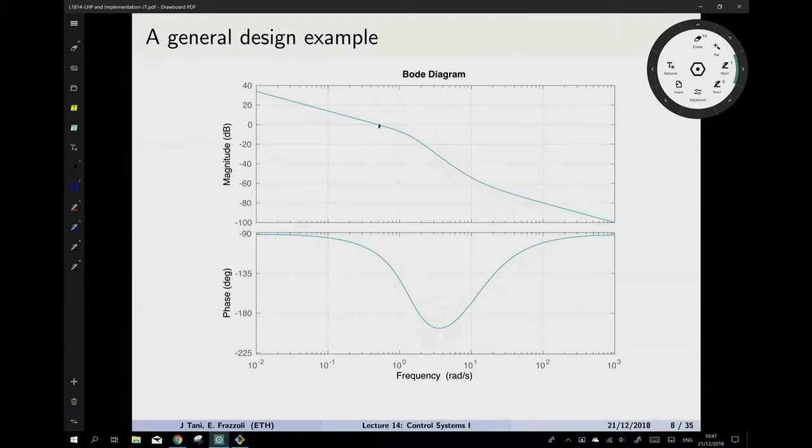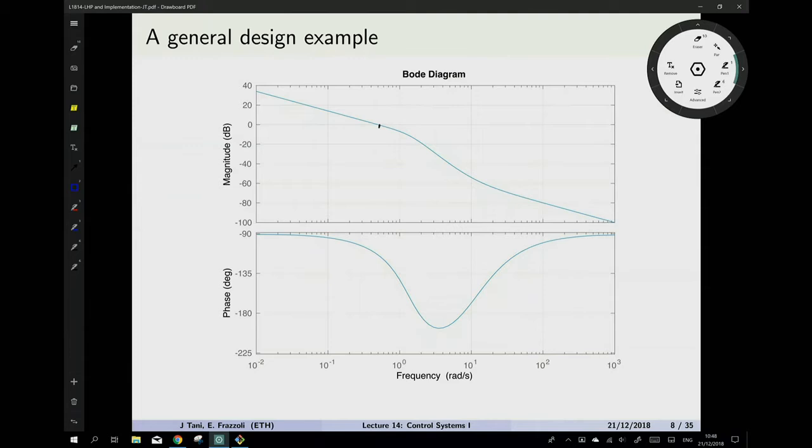Steady state error. We want 0 steady state error to unit inputs. So a unit input is something like this. Okay? It's like a constant. So a constant is an input of what order?